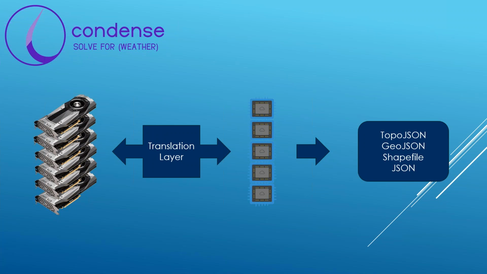Some examples for weather specifically include topo.json, GeoJSON, shapefiles, and just regular old plain JSON. If a user determines that they need faster output, they can dynamically resize their Condese unit to the desired compute level, and that just scales automatically.